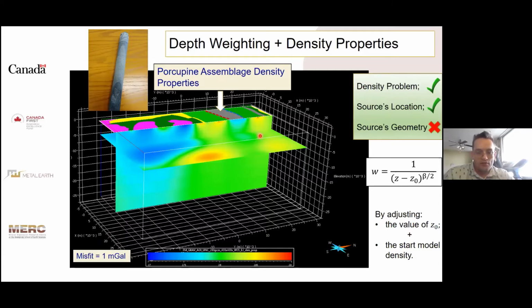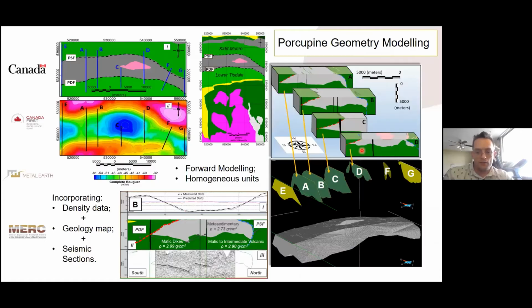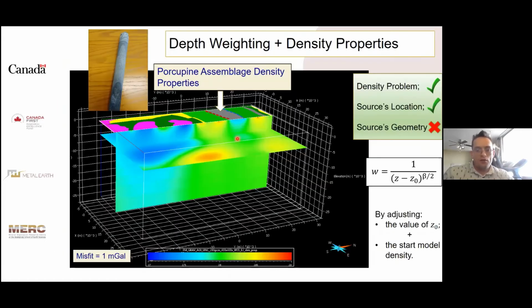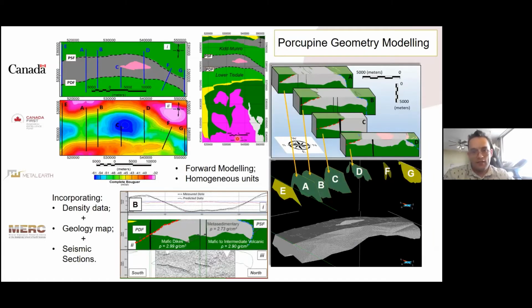By adjusting the value of Z0 and also the start model density, we have a kind of control over the density problem for Porcupine assemblage only, and also the source location, which means actually how thick the Porcupine assemblage is.